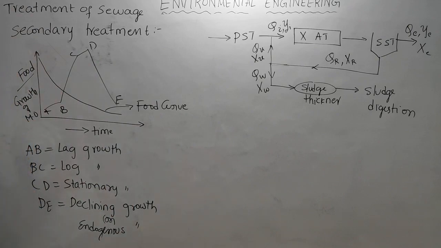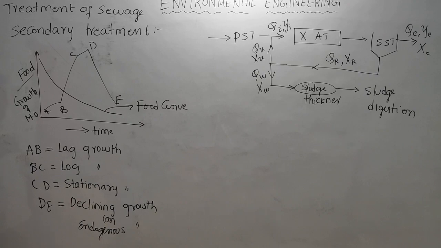The microorganisms will eat other microorganisms and survive. This kind of phase is called the endogenous phase. That will occur in DE, because of which the growth is decreasing and reducing to the initial value. That means the bacteria or microorganisms will feed on other microorganisms and survive. In that way, generally the bacteria will die away.